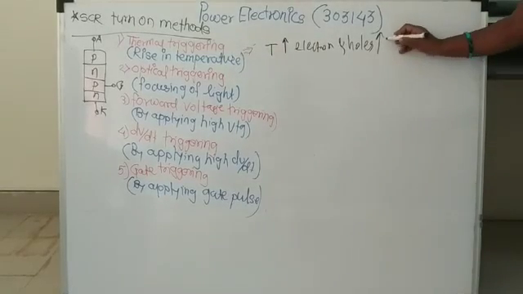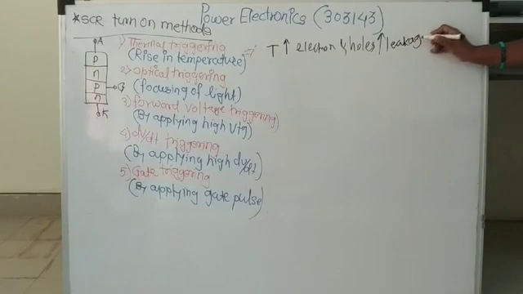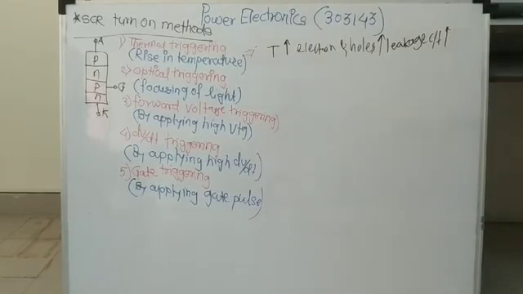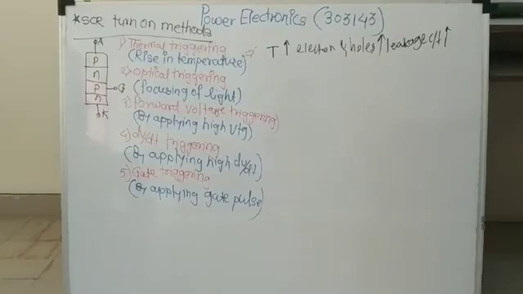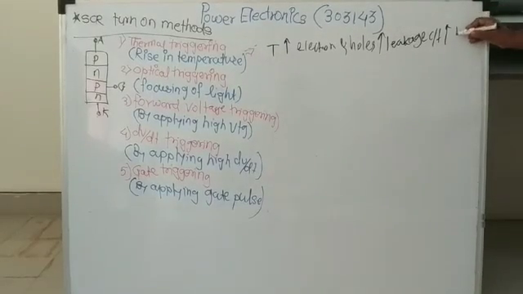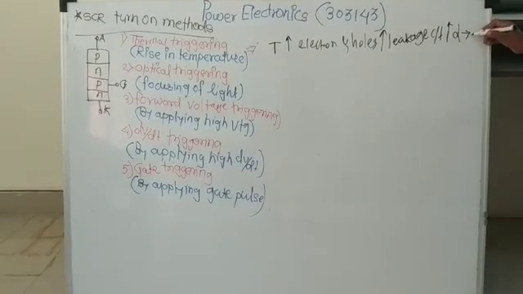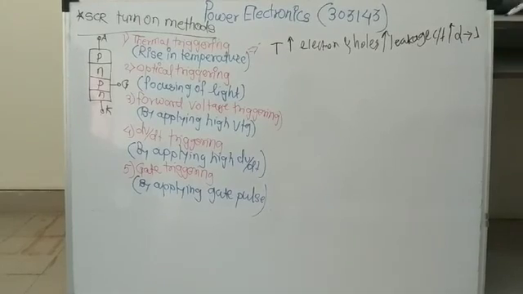This will increase the leakage current, so that leakage current flowing through SCR also gets increased. When leakage current gets increased, your current gain rises. That is alpha, the value of alpha tends to unity. Unity means 1. This alpha tries to become 1.